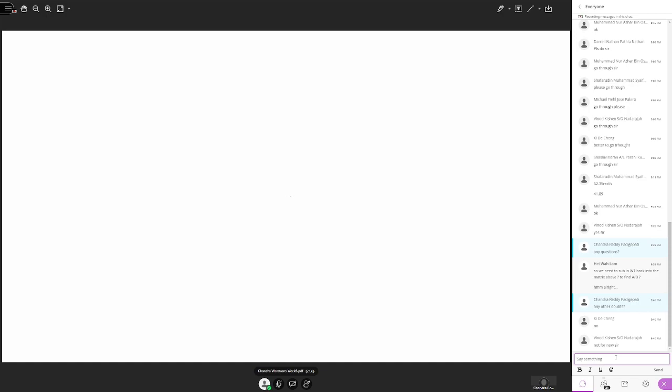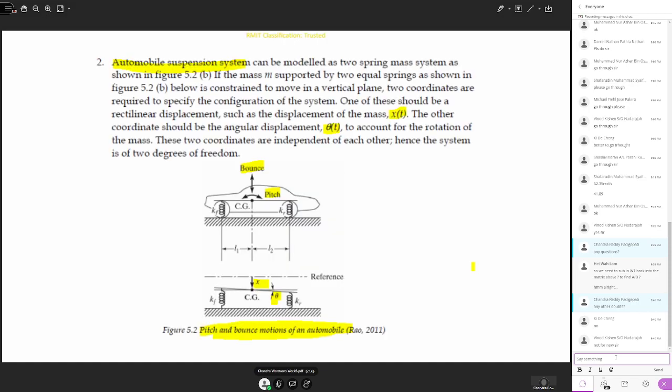All right. So you need to apply Lagrange's method, not Newton's method. Okay, so I go back.